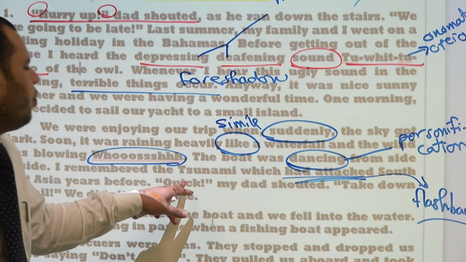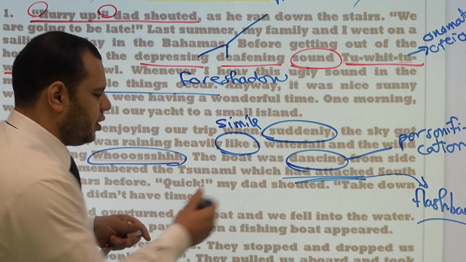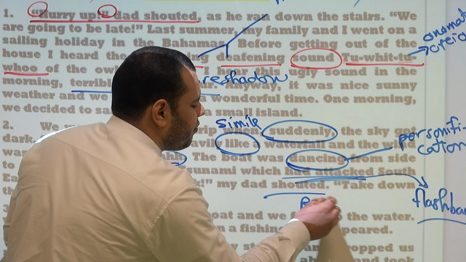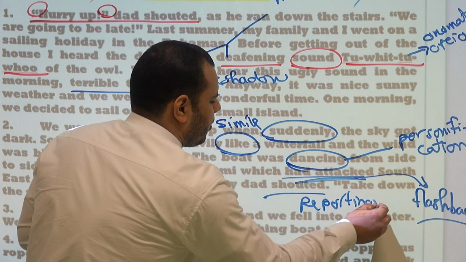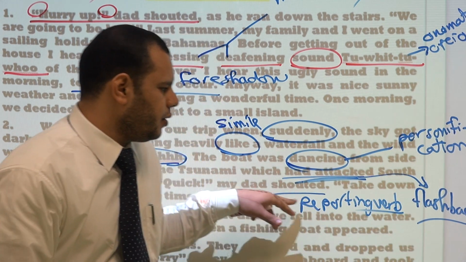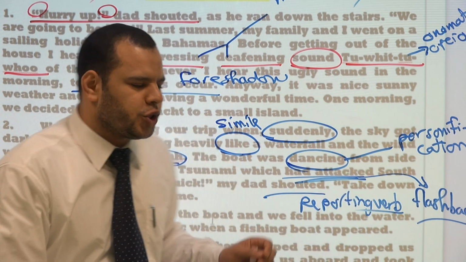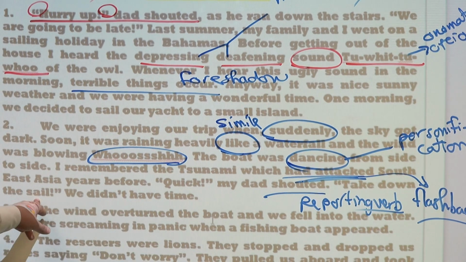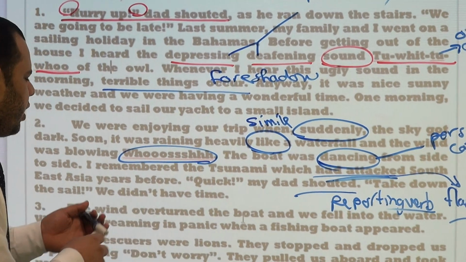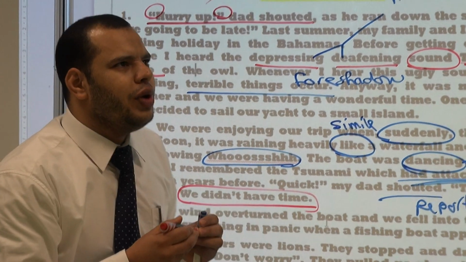Years before, quick, direct speech. "Take down the sail, we didn't have time," my dad shouted. Shouted is a reporting verb. Reporting verbs are called paralinguistic features. Okay, here you are asking, what will happen next?